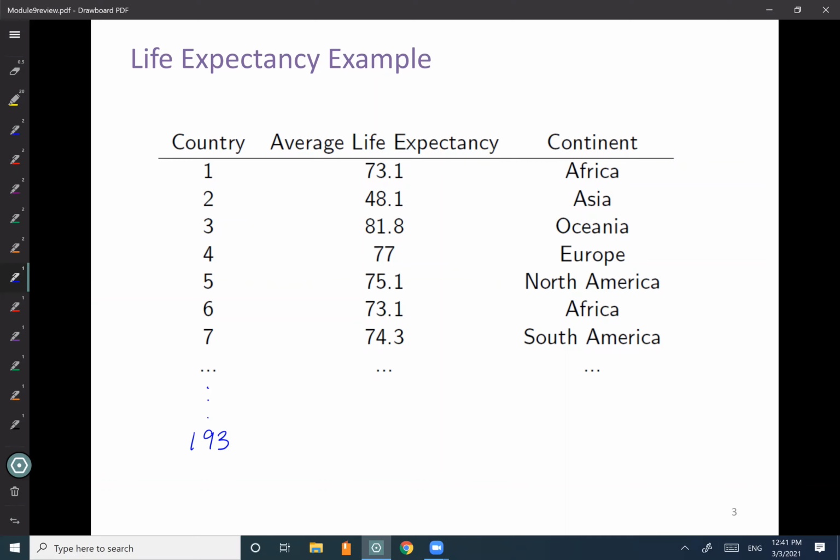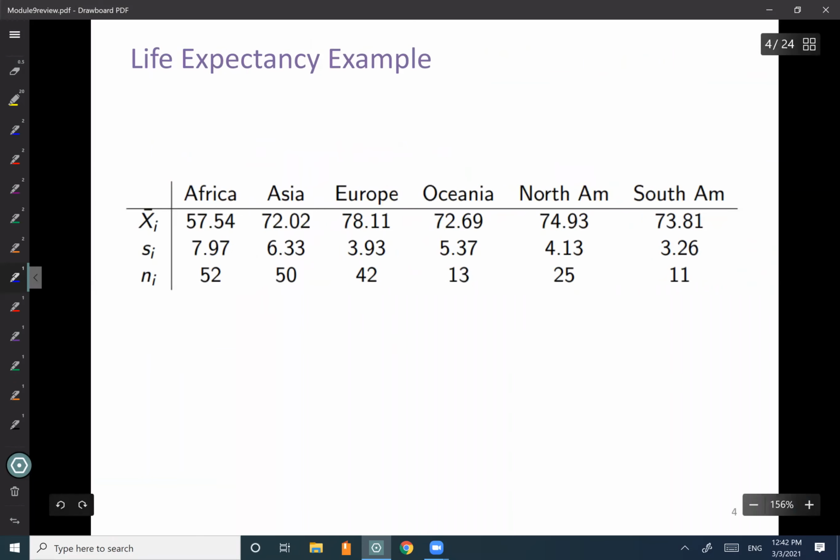There are a total of 6 continents: Africa, Asia, Oceania, Europe, North America, and South America. I have taken the average life expectancy for all the countries in Africa, Asia, Oceania, Europe, North America, and South America, and calculated it into a table right here.